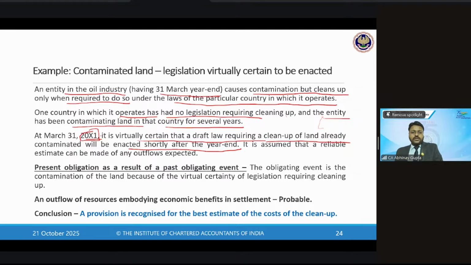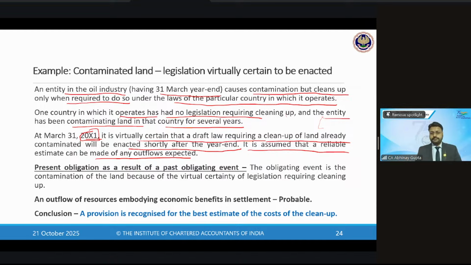But on 31st March it is virtually certain because the draft of that law is available, right? It is assumed that a reliable estimate can be made. So the third condition, the standard facts of the question are saying, is met.